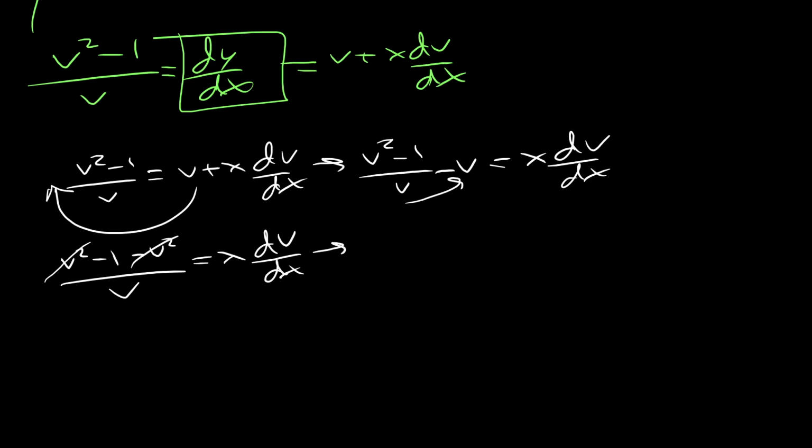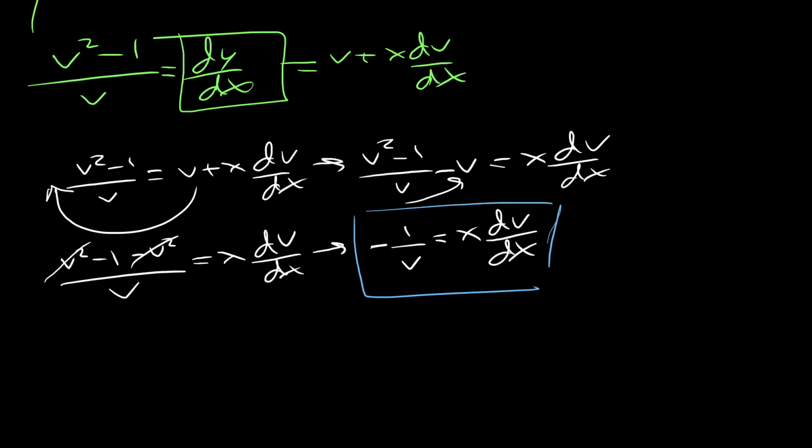Let's simplify this a bit and get it cleaner for a sanity check. It's minus 1 over v equals x dv/dx. Now we have a separable differential equation. We can get the v with dv and the same thing with the x.